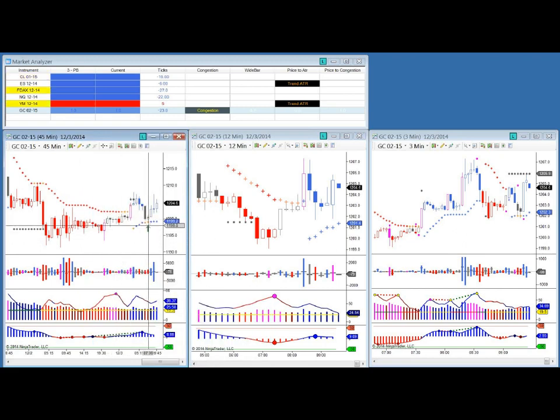There's your entry right there, guys. It flipped the ATR. It came back to test the ATR. It did so on diverging volume. That was your entry. I didn't have a trigger on the 3-minute. I traded the 45, guys.